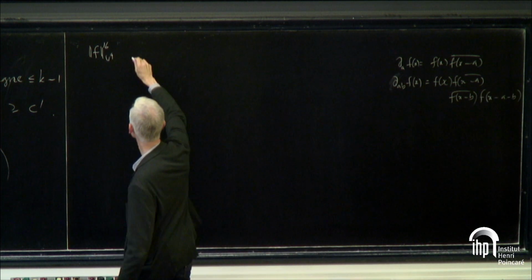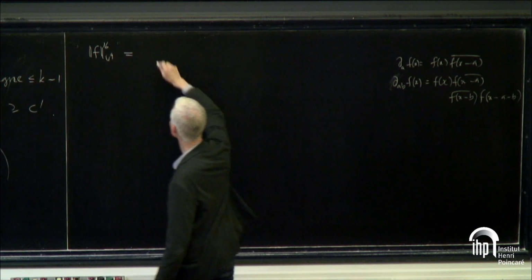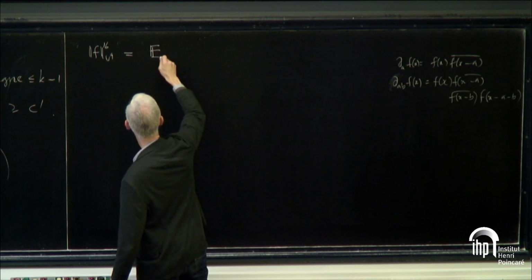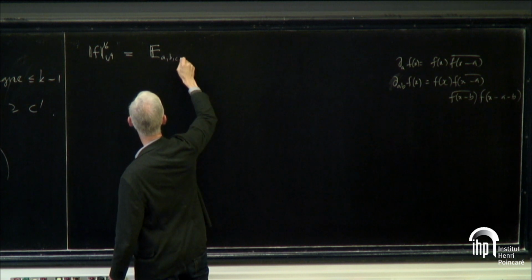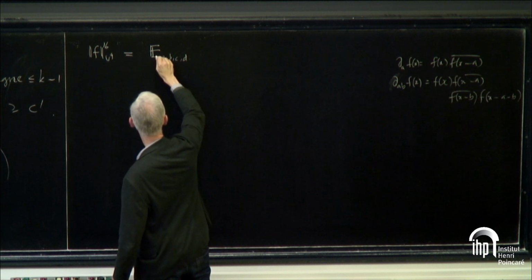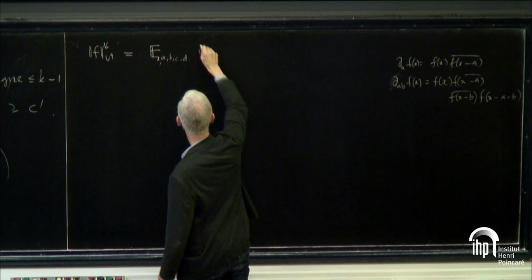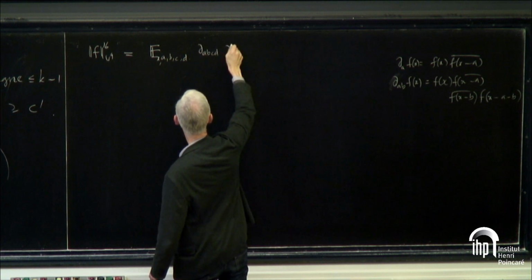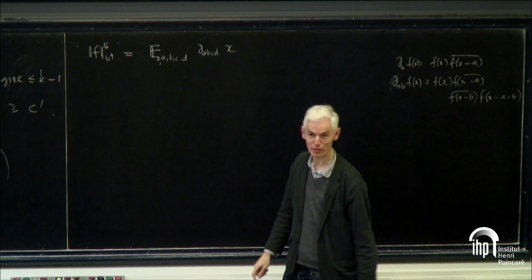So this thing here is the average over a, b, c, d, and x of delta a, b, c, d f of x. That's one way of writing it. But there are some other ways of writing it.